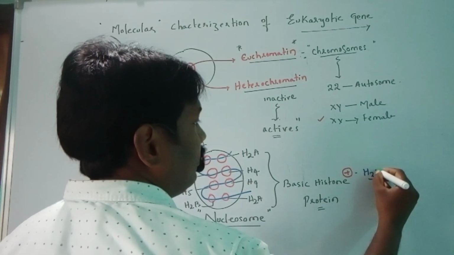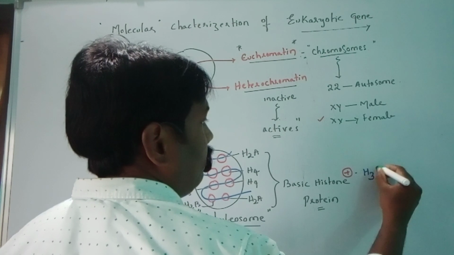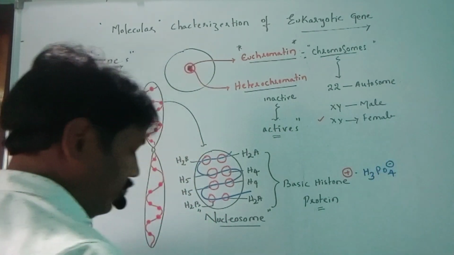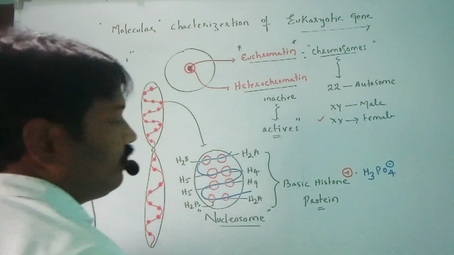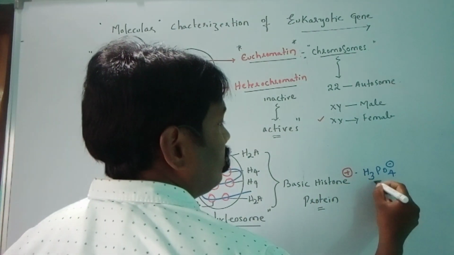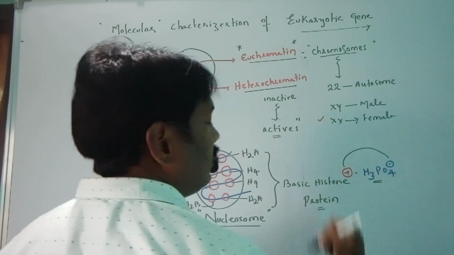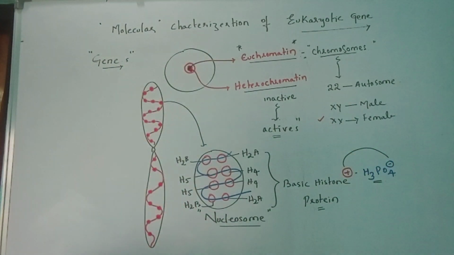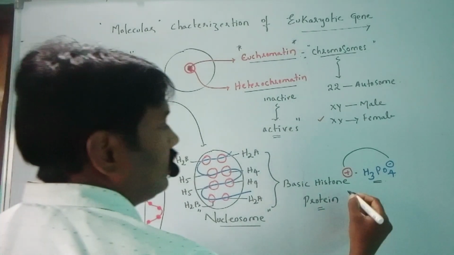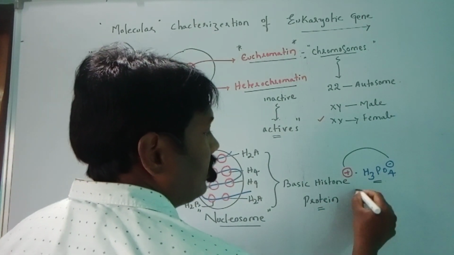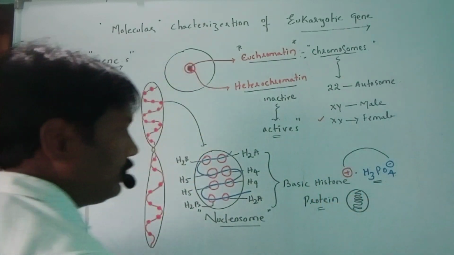In this DNA, phosphoric acid, H3PO4, is there. Due to the negatively charged phosphoric acid of the DNA and the positive charge of the basic histone protein, the two attract each other and form a tight coil, so that the DNA is tightly arranged around the basic histone protein complex.